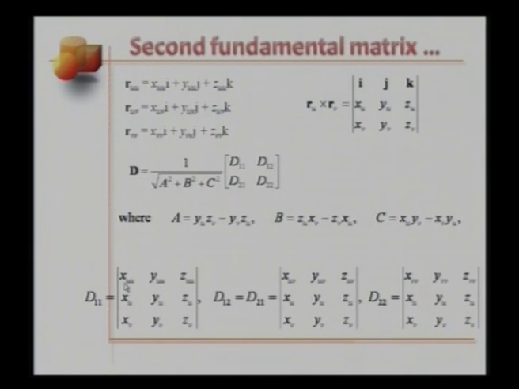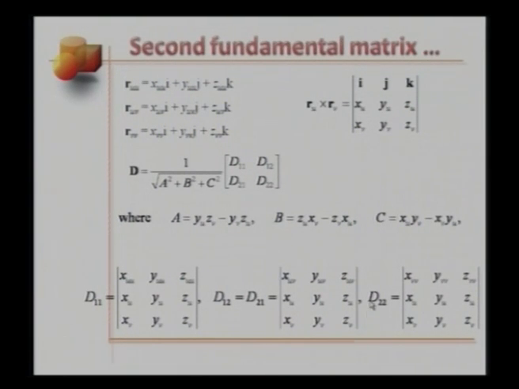D11 is the determinant of this 3 by 3 matrix: x_uu y_uu z_uu, x_u y_u z_u, x_v y_v z_v. D12 is the same as D21, which is the determinant of the second 3 by 3 matrix: x_uv y_uv z_uv, x_u y_u z_u, x_v y_v z_v.